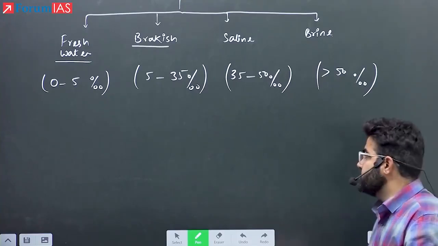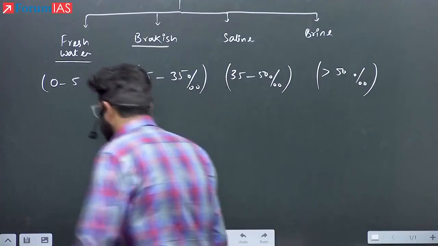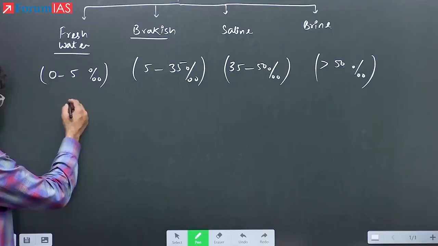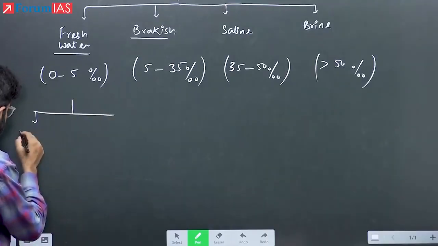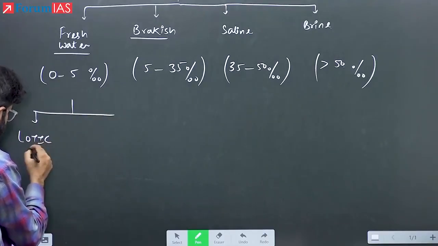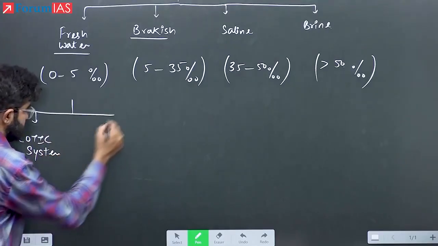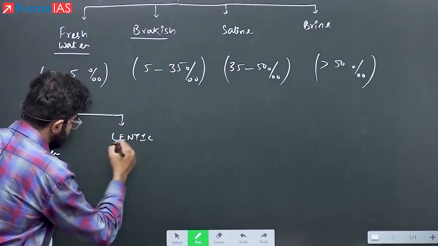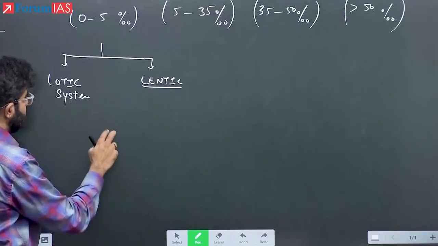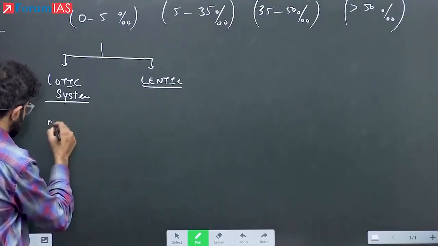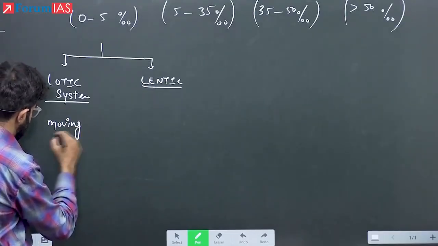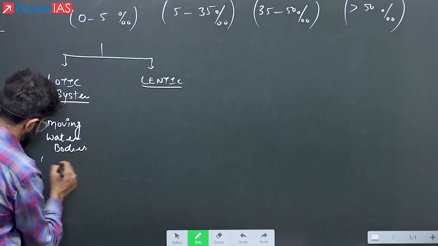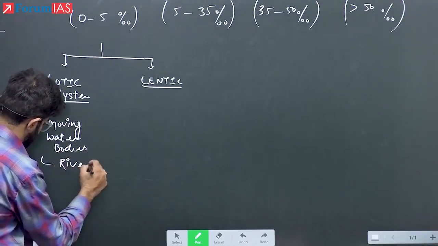Now, based on the salinity content, can I say the rivers and lakes are the example of fresh water? Yes. So here we will divide this into two parts. One I will call lotic system, and second is known as lentic system. You will come to know in case of your environment. Lotic means moving water bodies, for example rivers.